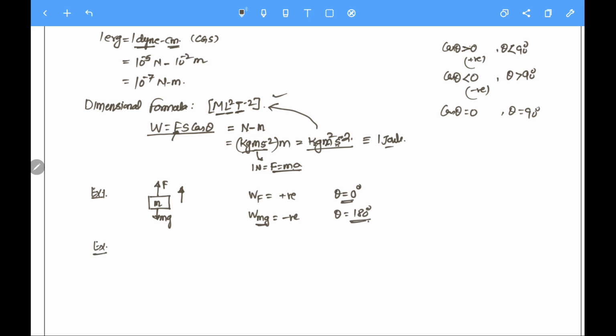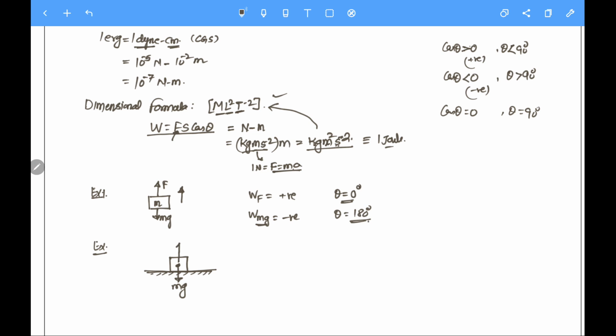Similarly, one more example. Suppose this is a floor on which a body is placed and the body is stationary. No external force is applied. In that case, the force working on the body is its gravitational force, that is the weight mg. This mg gives an action on this floor. Due to this action, the floor gives a reaction to the body equal to the action but opposite in direction.